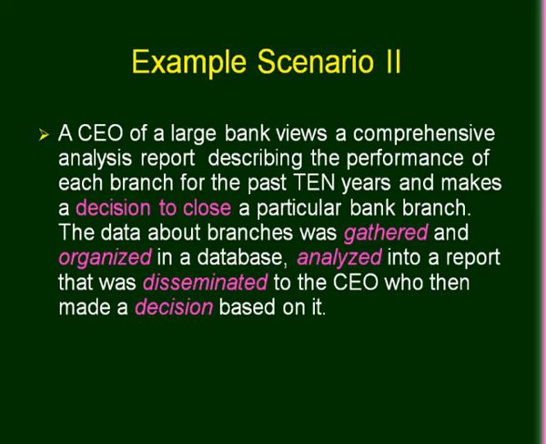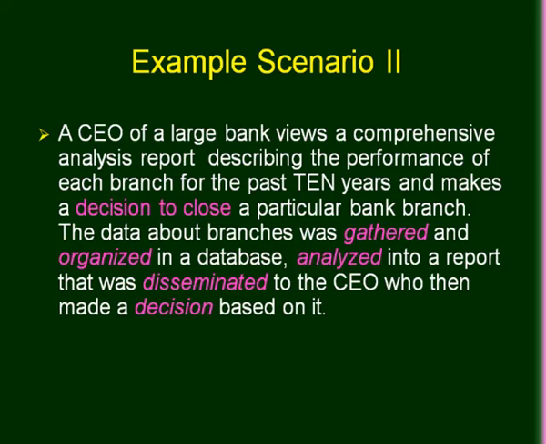That means how each branch has performed every year. The past 10 years' performance of each branch is prepared in the form of a comprehensive report. A decision to close a particular branch depends on the performance only. So the CEO makes a decision to close a particular branch.